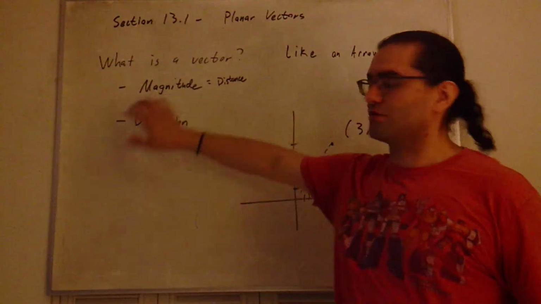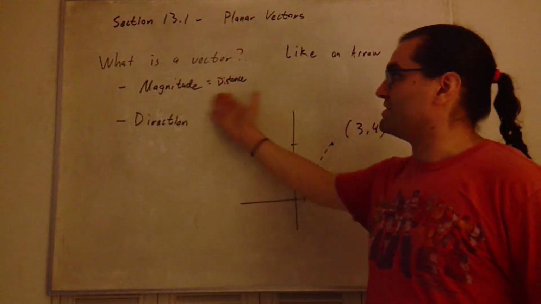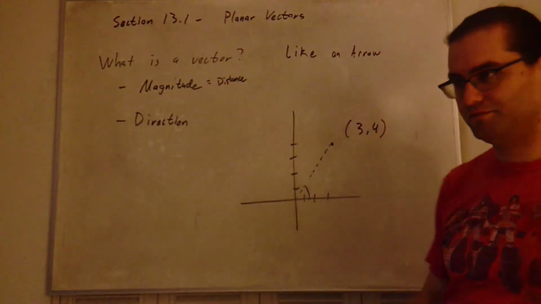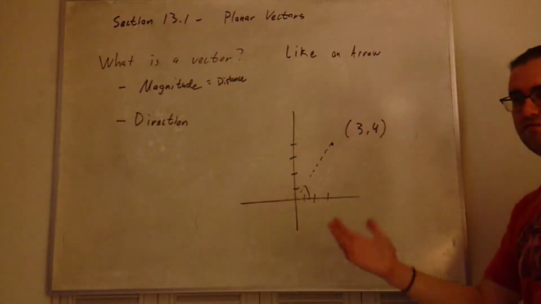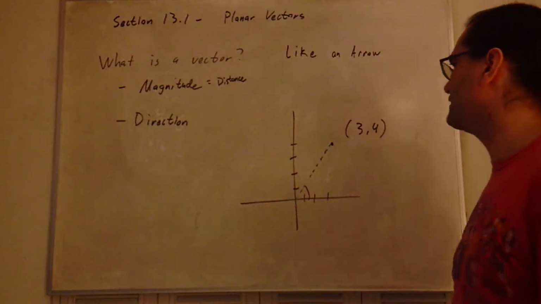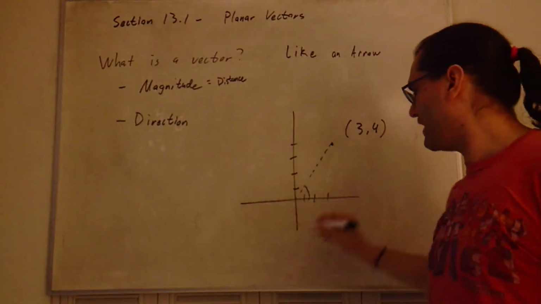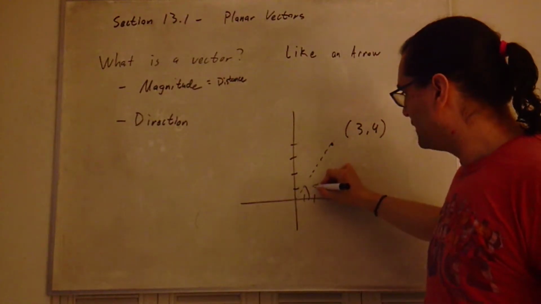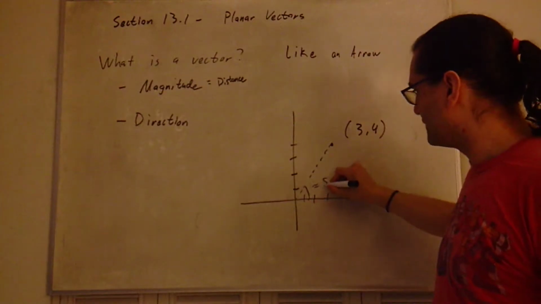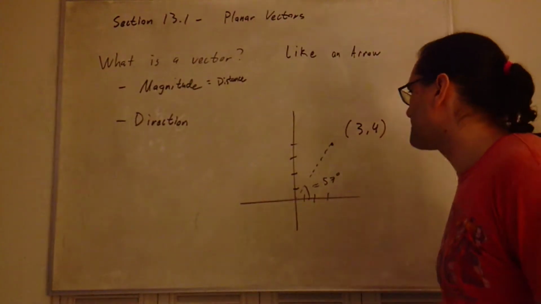So magnitude is sort of the catch-all term. Sometimes it means distance, sometimes it means size of the force involved. But in polar coordinates, it means a distance, and the direction here, I think this is something like 57 degrees. I could be wrong.